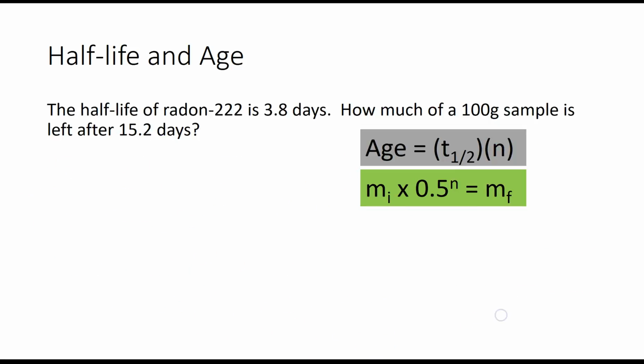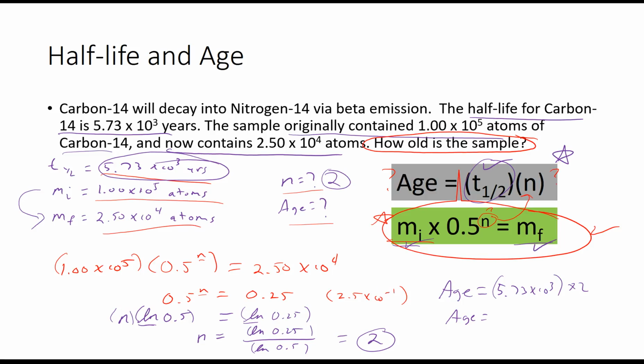Age equals 5.73 times 10 to the third times 2, which is 1.15 times 10 to the 4th, or about 11,500 years. You may have noticed if you punch that on your calculator, you get 11,460. I'm using sig figs like always, and there is my age.